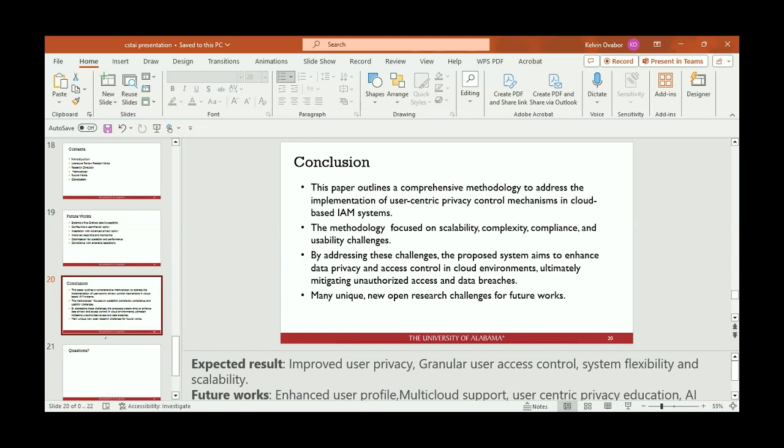By addressing these challenges, the proposed system aims to enhance data privacy and access control in cloud-based systems, ultimately mitigating unauthorized access and data breaches. Many unique and new open research challenges will be available for future works.